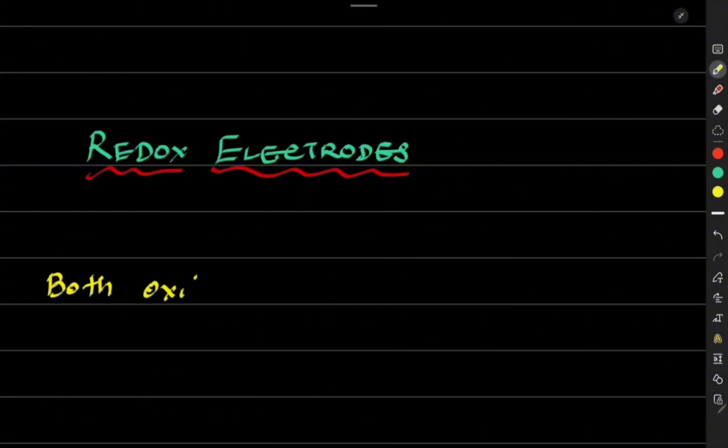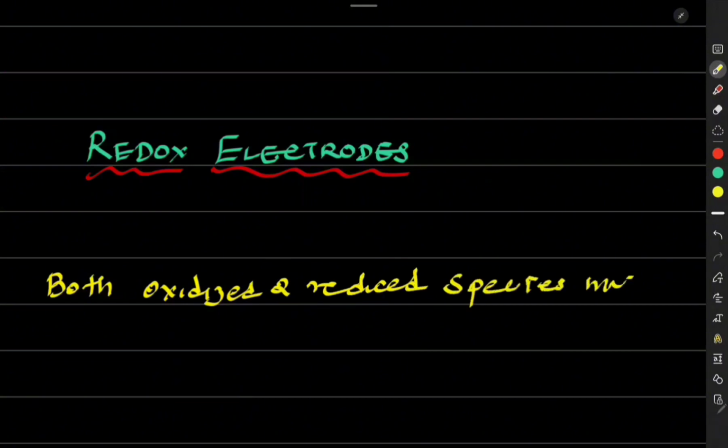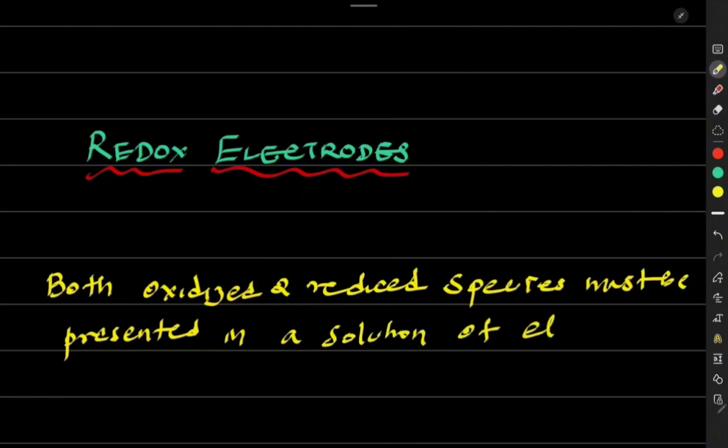Both oxidized and reduced species must be present in the solution of the electrode is called a redox electrode.